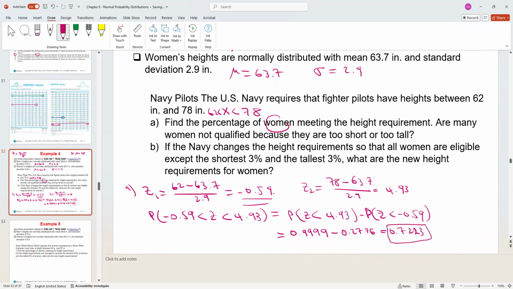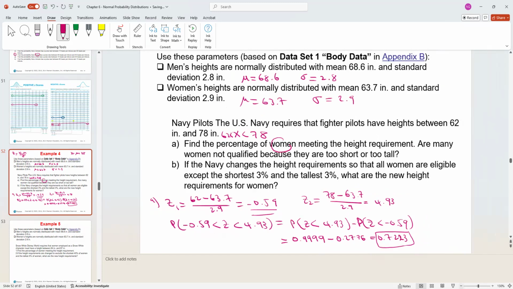This is that very important probability, 72.23%.